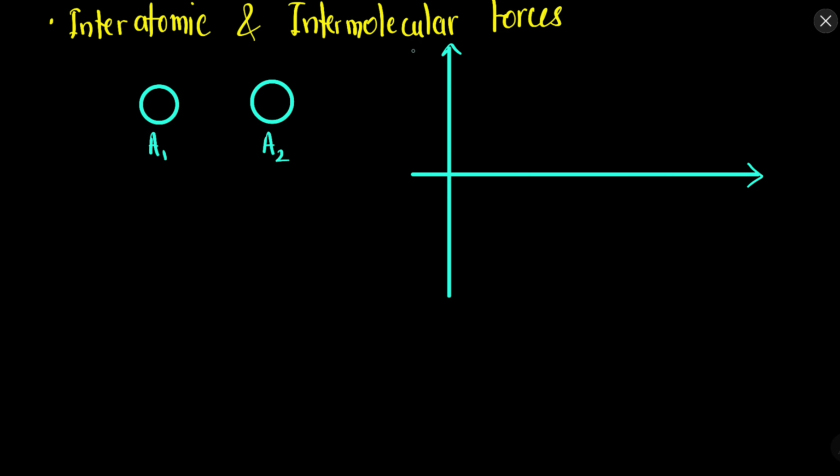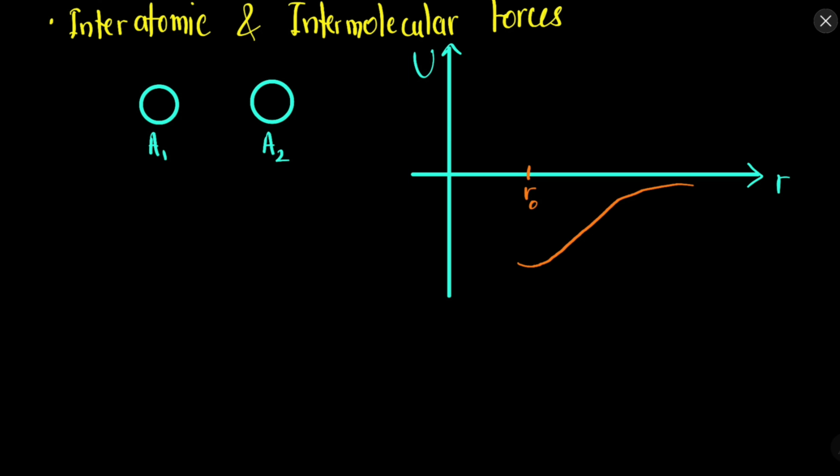Let's say the y-axis is the potential energy and the x-axis represents the distance between the two atoms. It is observed that as the distance between the two atoms is decreased, the potential energy also decreases, and at a certain point the potential energy becomes minimum.